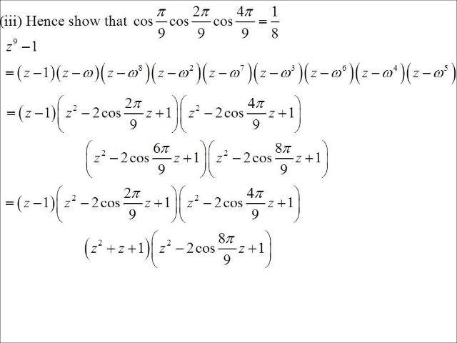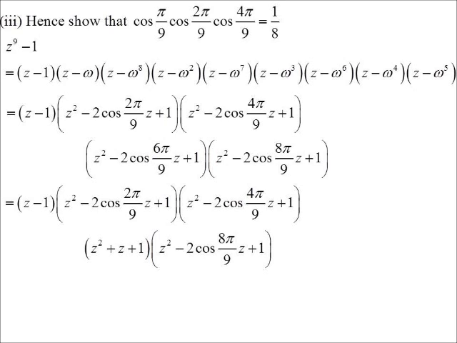What's the cos of 3 pi on 2? Oh, we'll try that again. 6 pi on 9 is 2 pi on 3. What's the cos of 2 pi on 3? So I've got minus 2 times minus half is plus 1. So I've done that one.